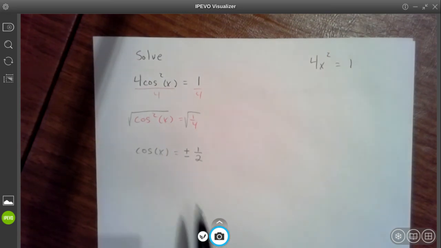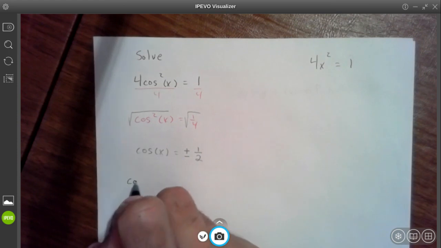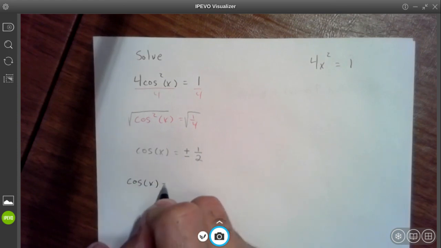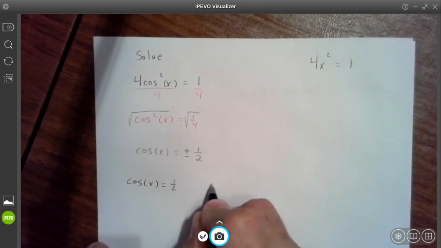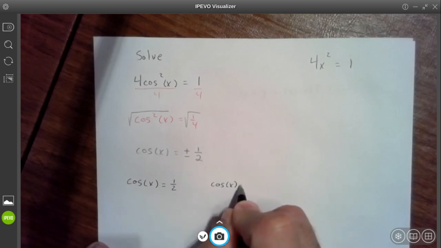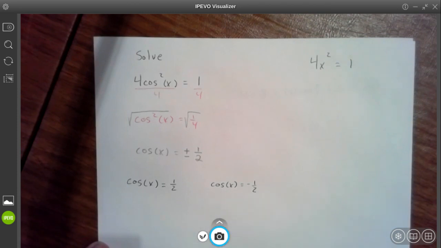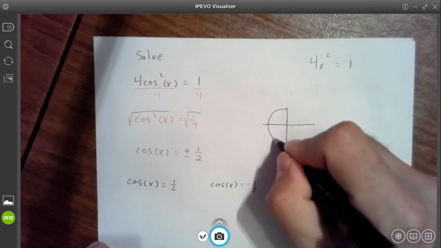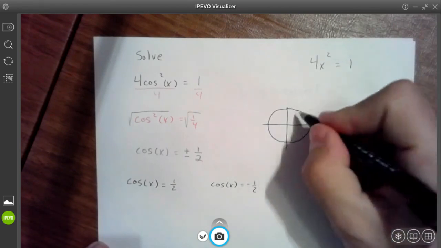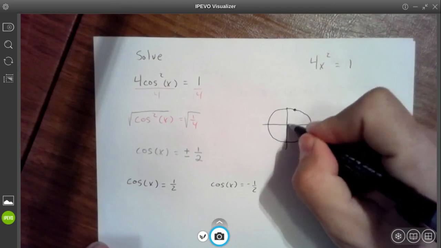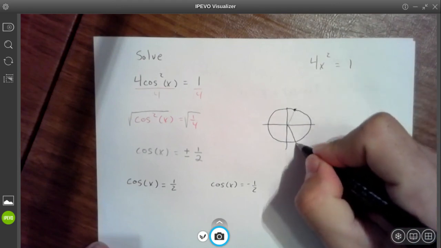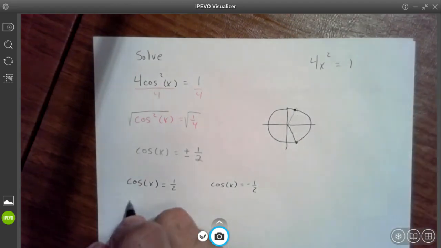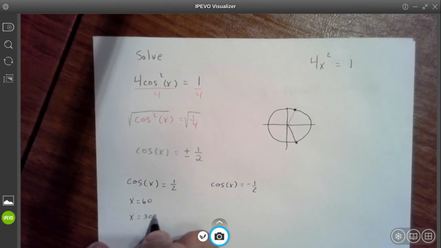Now, from here, I'm going to break it down into 2 cases. I'm going to have 2 equations I need to solve. I need to solve cosine is equal to 1/2 and cosine is equal to negative 1/2. So these are just going to be the spots on the unit circle where cosine is either equal to 1/2, which happens at the 60-degree mark and the 300-degree mark, x equals 60, x equals 300.